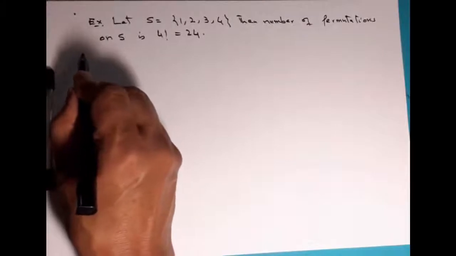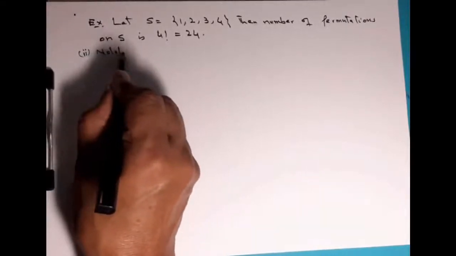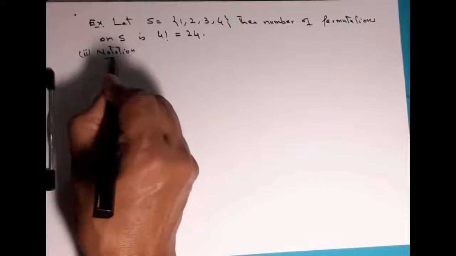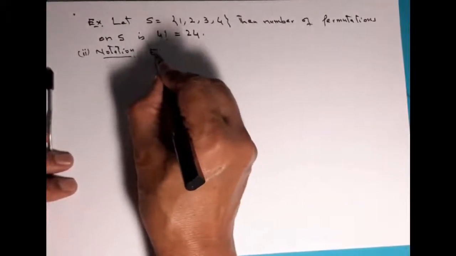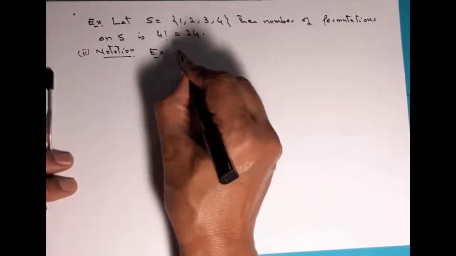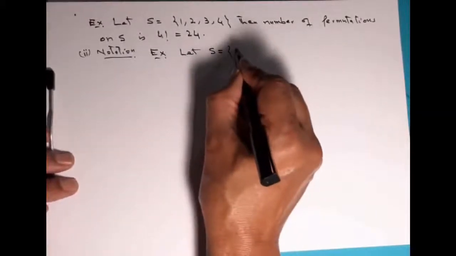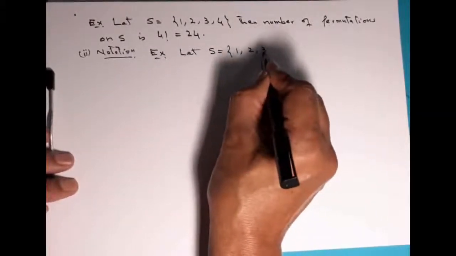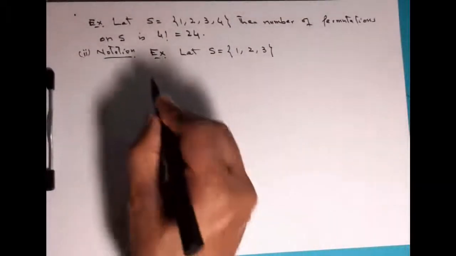Let's talk about notation. Let's take first example. Let S is equal to 1, 2, 3. Now permutations on S we have seen. These are the permutations according to our notation.